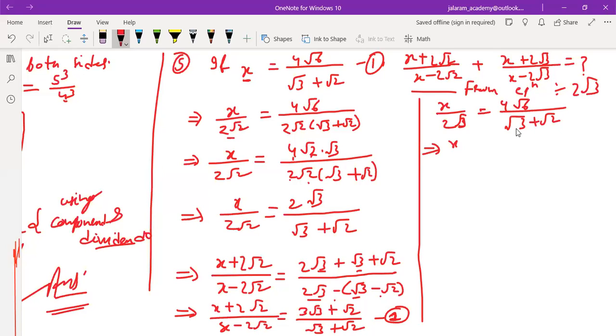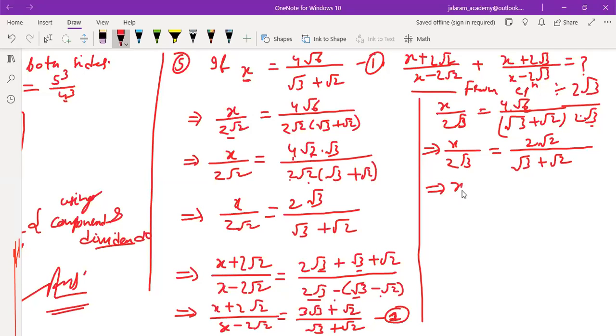And since we are dividing by 2 root 3, 2 root 3 must be written in the denominator. So x upon 2 root 3 equals to, these 2 2s are 4 will be cancelled out. And we know that root 6 means root 3 into root 2, so root 3 will also be cancelled out. This time it is 2 root 2 over root 3 plus root 2.